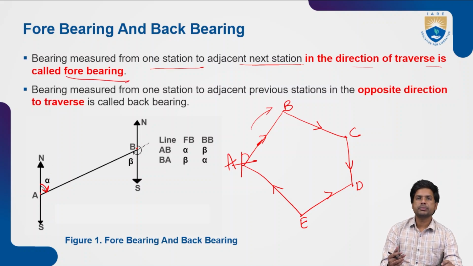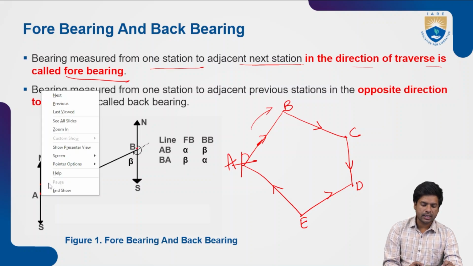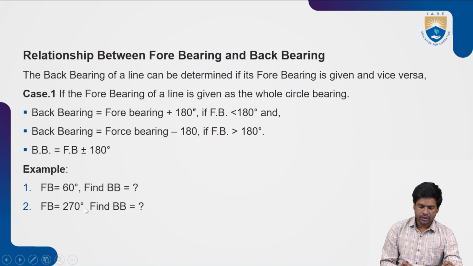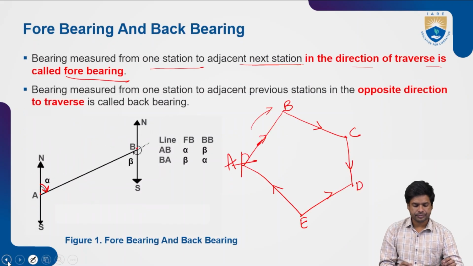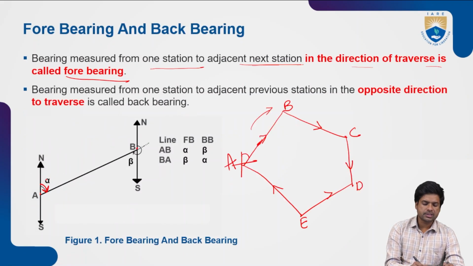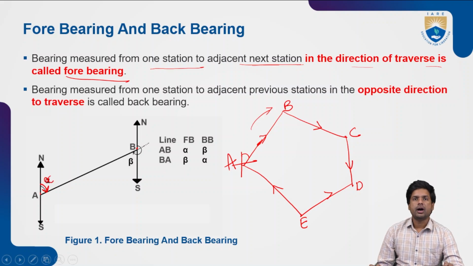Fore is nothing but the front angle and back bearing is the backside angle. When you sight station B from station A, the angle formed is called the forebearing, represented here with the letter alpha.